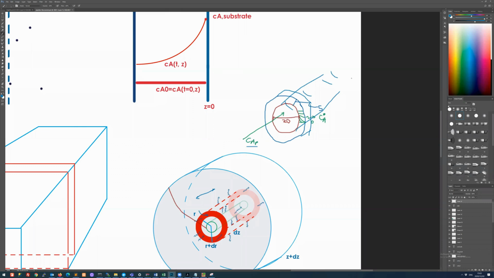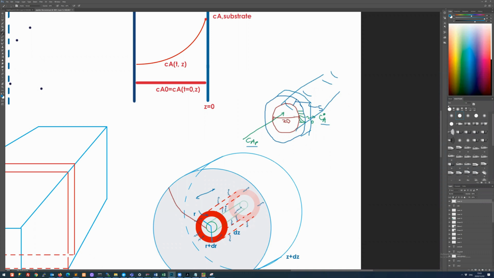Well, if the concentration of A is high enough inside this tube, and if your diffusion of A into the polymer layer is low enough, right? And it might be that C_A star, the amount we require, is actually a low concentration in comparison with the concentration in the fluid.